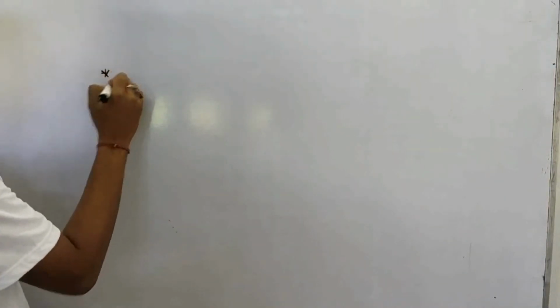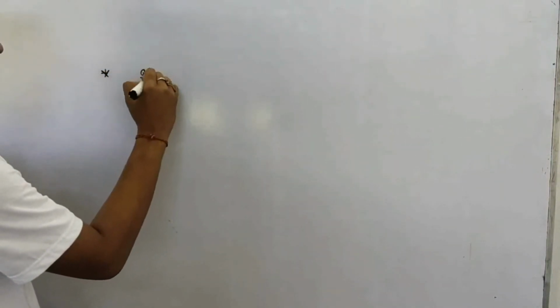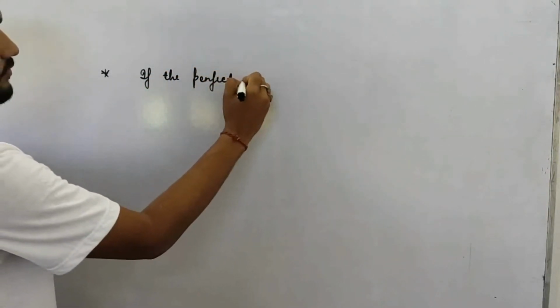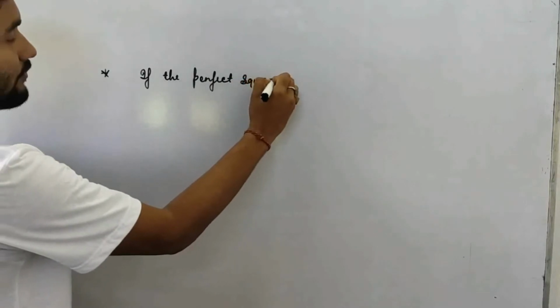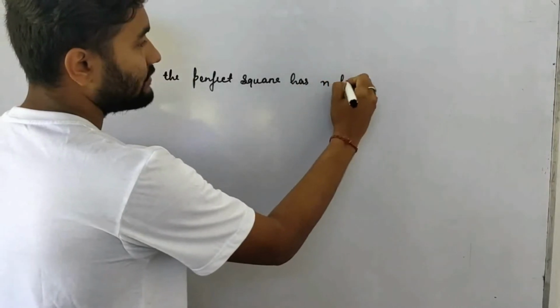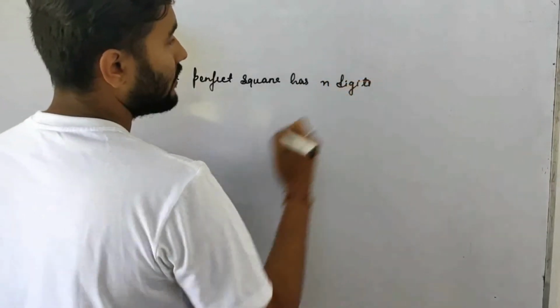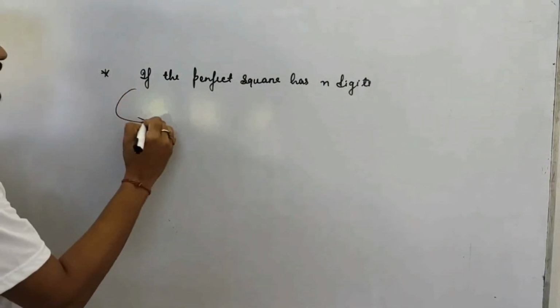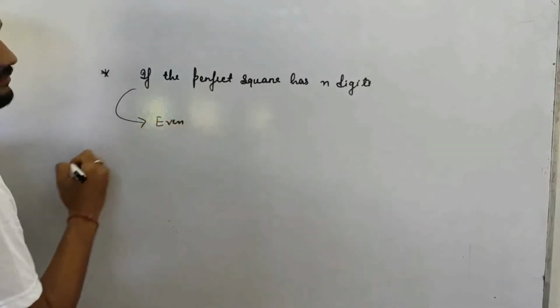The formula is a very simple formula. If the perfect square has n digits, then there will be two cases, first for even.